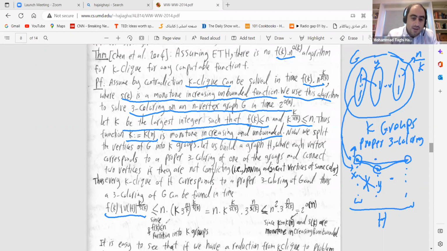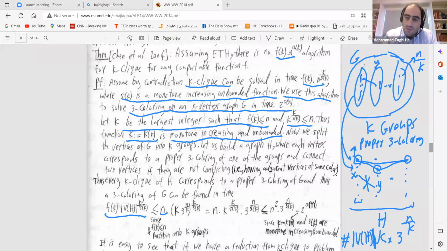Now here we know that f of k is less than n, and we have partitioned into k groups. So for f of k, I will just put n. Then what is the number of vertices of H? The number of vertices of H is k, because we have k groups, times the number of colorings per group. So we have k groups here, and for each group, how many colorings are possible? 3 to the n over k.